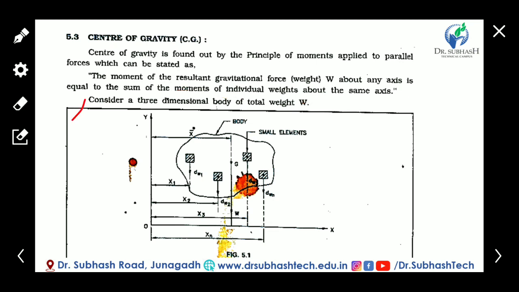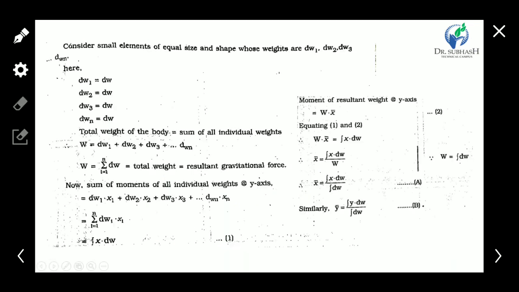Now consider a 3-dimensional body of total weight W. Consider small elements of equal size and shape whose weights are dW1, dW2, dW3 and dWn.